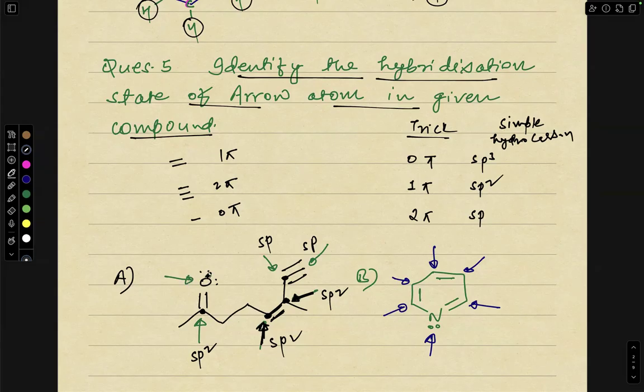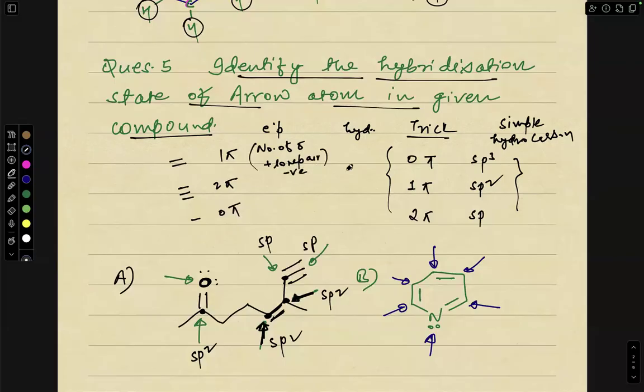What about oxygen? I told you this rule, the pi bond is only valid for simple hydrocarbon. Oxygen is not a hydrocarbon. So whenever you have such a kind of atom, then find out the electron pair. Electron pair means number of sigma plus lone pair, or negative charge.